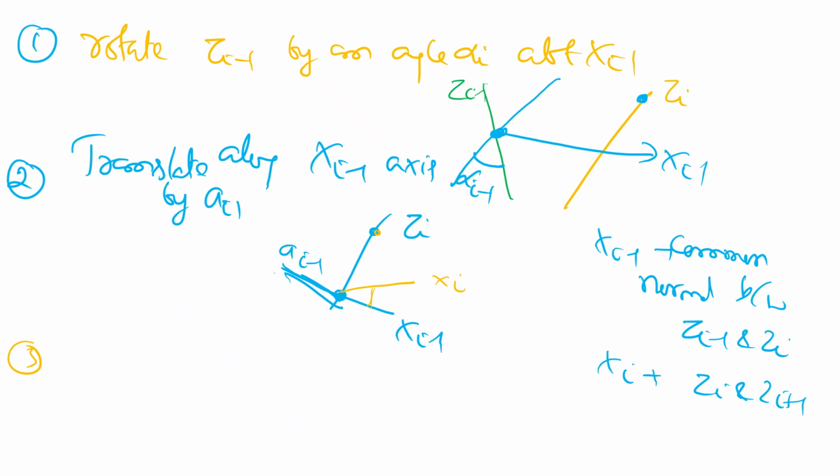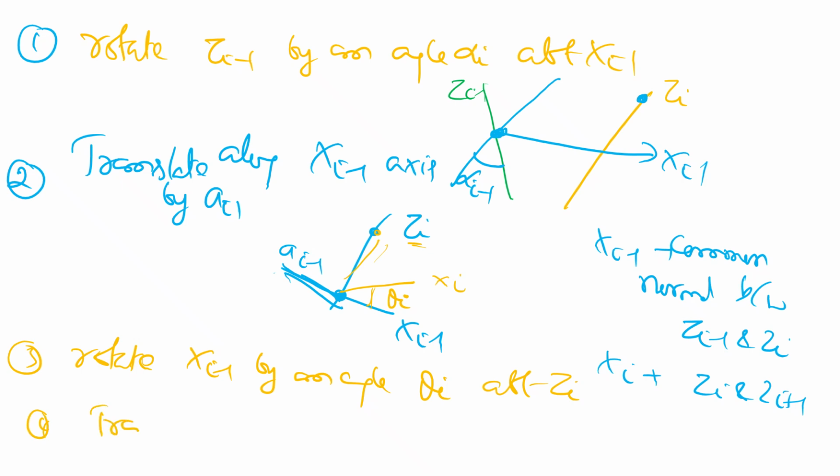So you have to rotate now. What do you have to rotate? Rotate xi minus 1 by an angle theta i about what axis? Zi minus 1 axis. Okay. So now we have rotated. So this is theta i. Okay. So now after this, we have to move along this. So what is the next point? Translate.